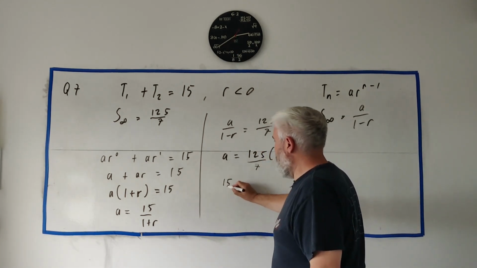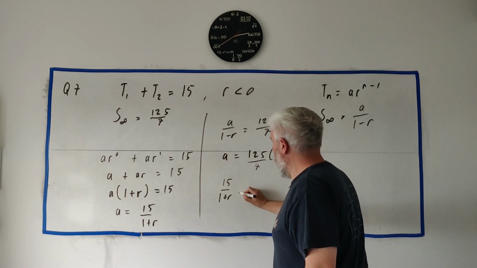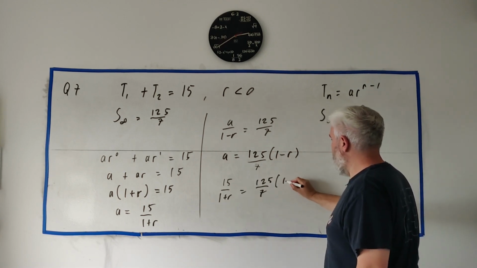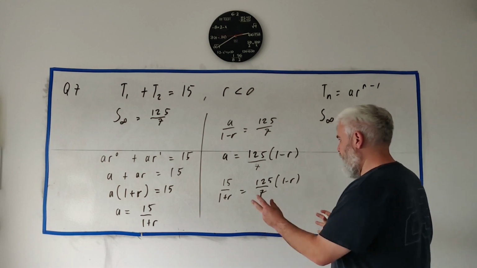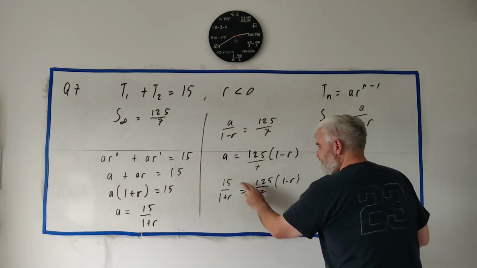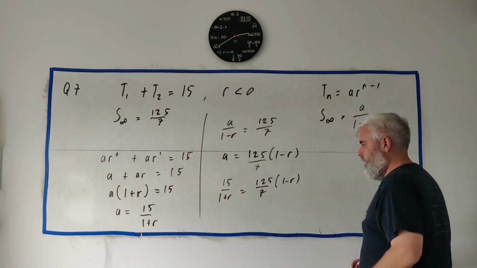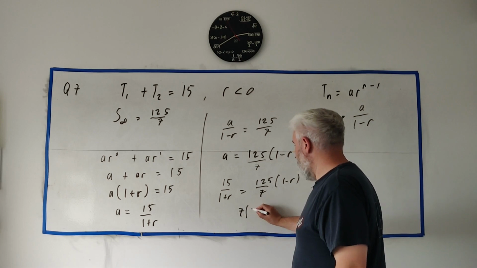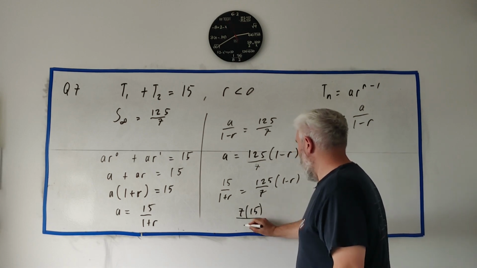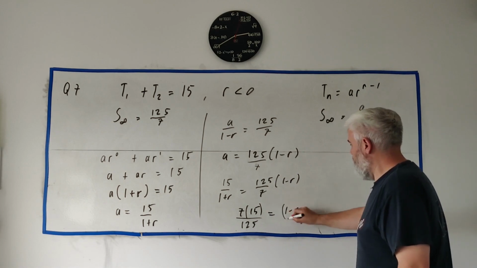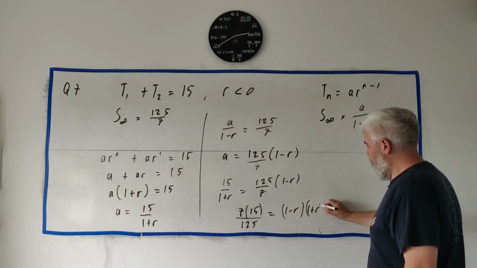We get 15 over 1 plus r is equal to 125 over 7 times 1 minus r. Let's rearrange everything. 1 plus r multiply up here, 7 over here, the 125 over here. We'll have 7 times 15 over 125 is equal to 1 minus r times 1 plus r.